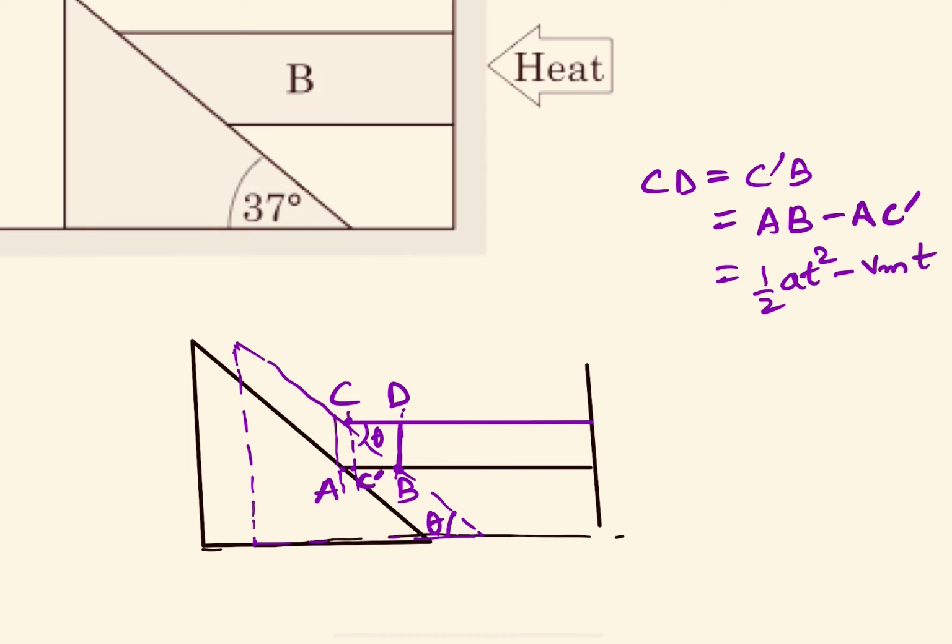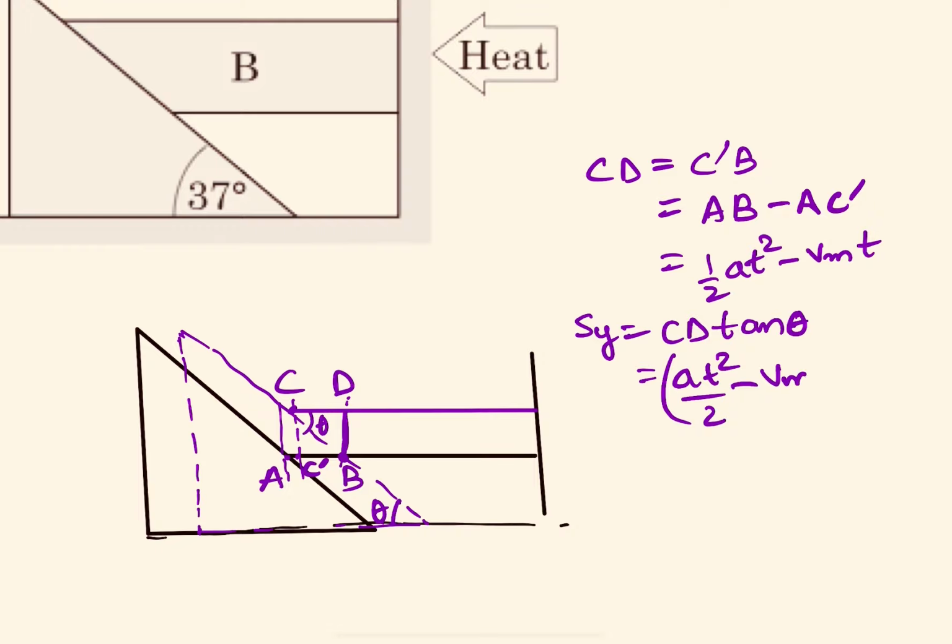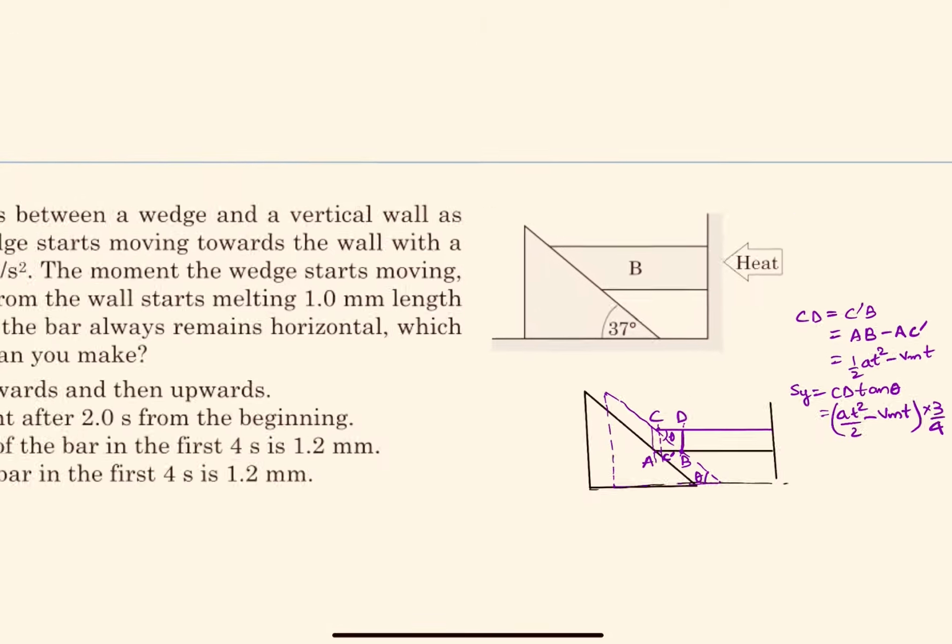So the length by which it has gone up, Sy, will be how much? It will be CD into tan theta, right? And it's 37 degree, so tan theta is 3 by 4. So what do you get? You get AT square by 2 minus Vm into T into 3 by 4. This is the displacement along y.